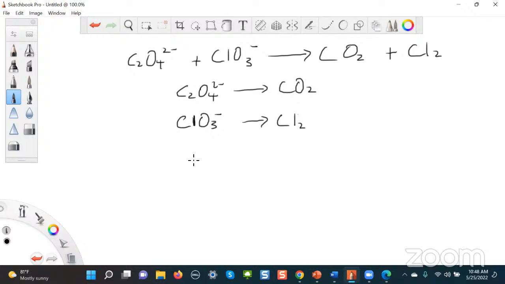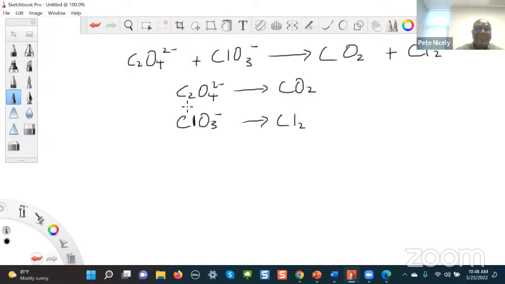What will be the next step? Balancing the charges? Nope. We have like 3 more steps before we get to that. Balancing the number of oxygens on each side. Okay, before that. Oh, balancing the number of carbons.